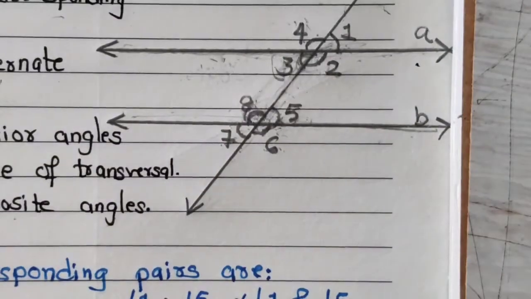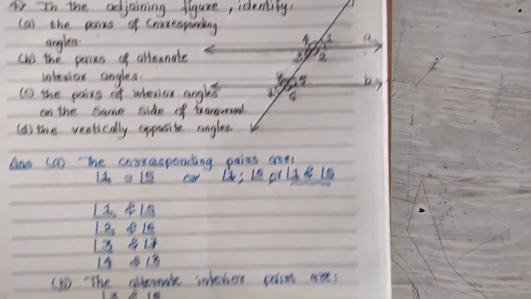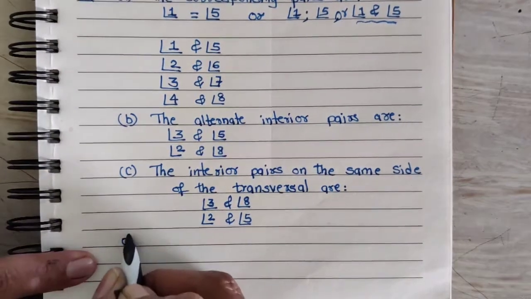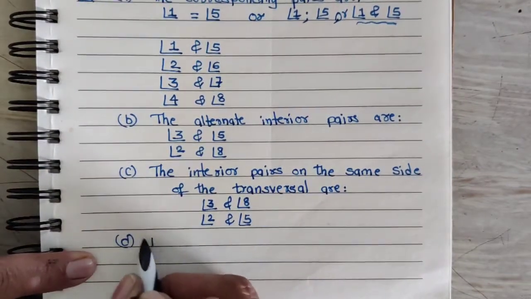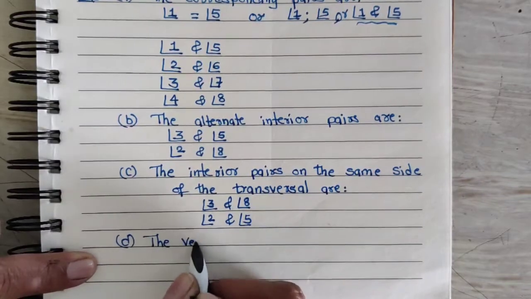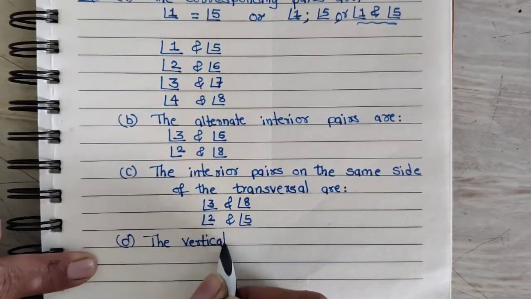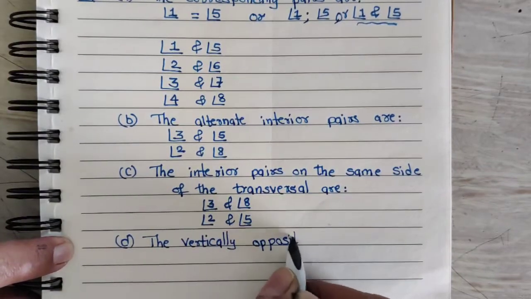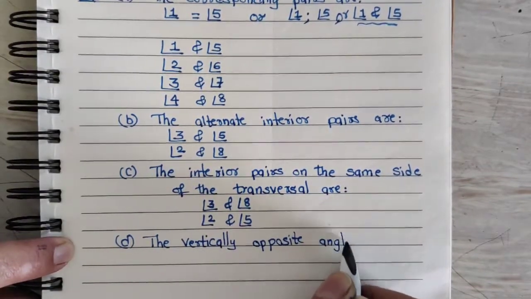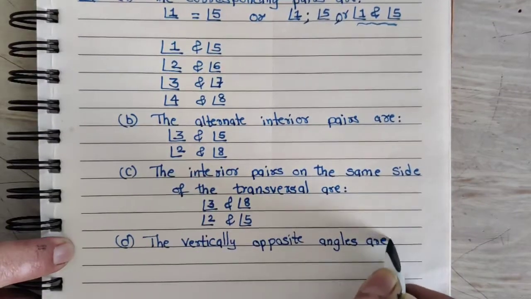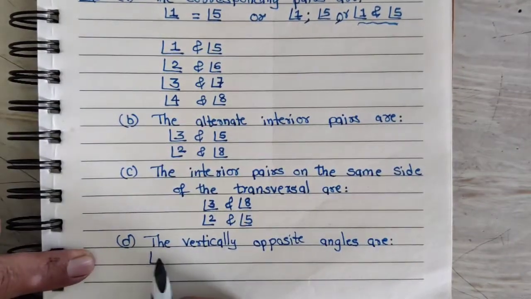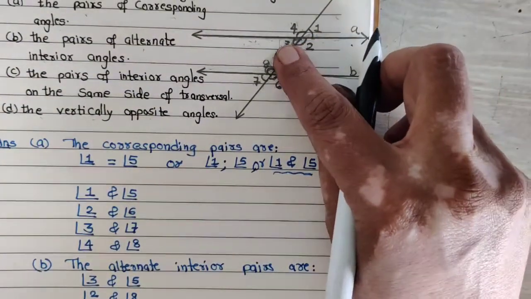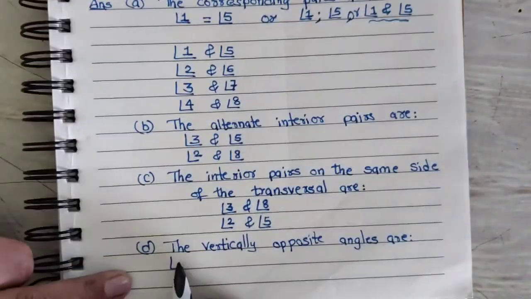Okay, so let us write down now. Number D, the vertically opposite angles are angle 1, as I told you here, 1 with 3, 4 and 2.